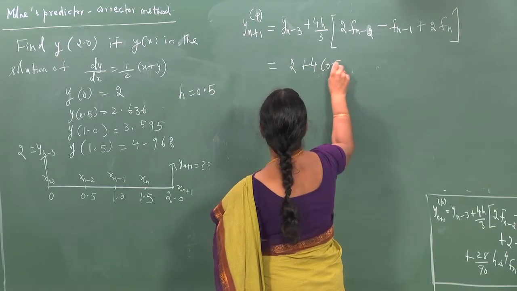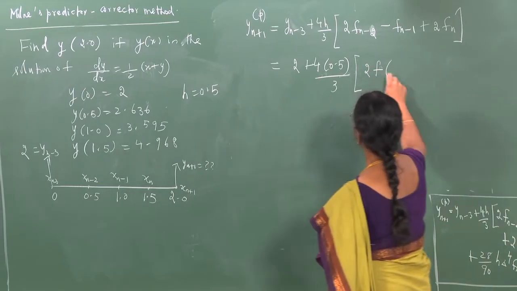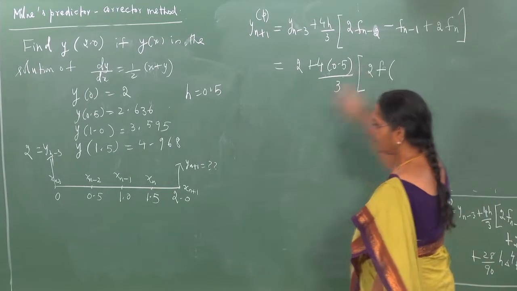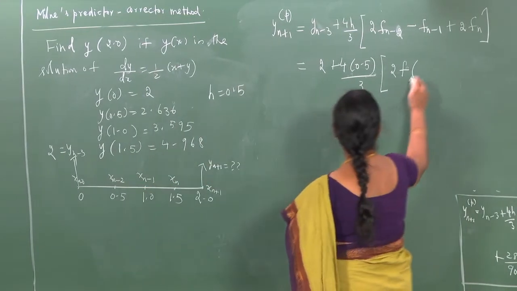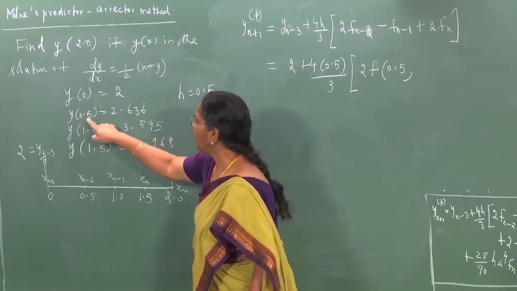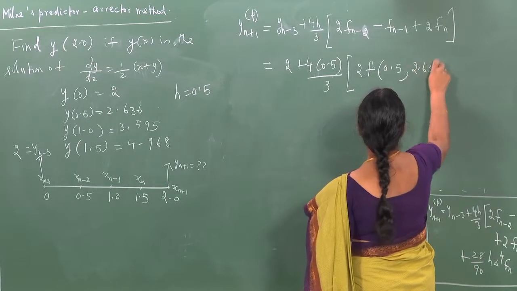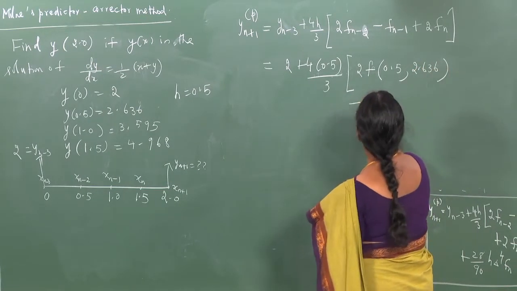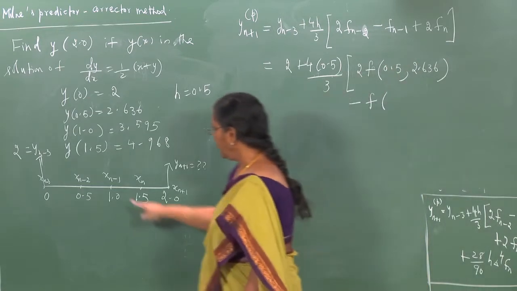So, 4 into 0.5 by 3 into twice f at n minus 2. So, let us look at xn minus 2. So, it is 0.5, and information at 0.5 is that it is 2.636.